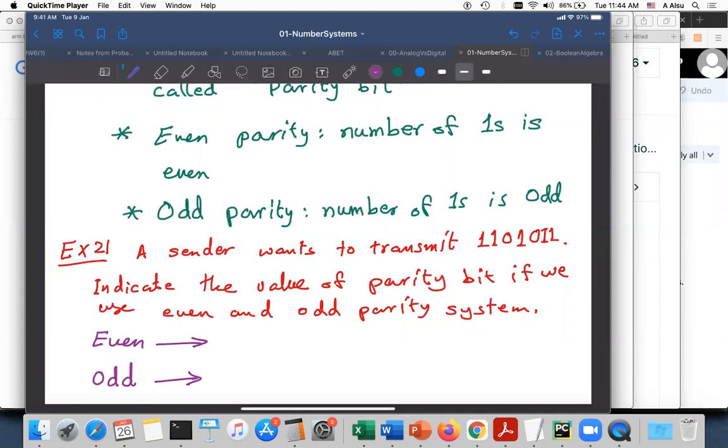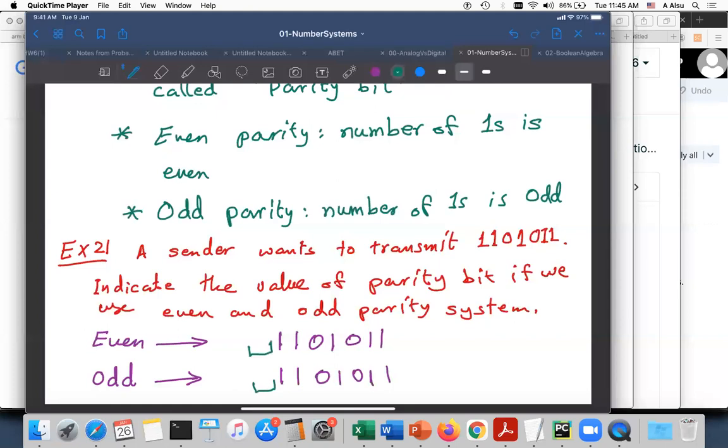We have the original message here, 1101011, and for the odd, we have the same message. For the even, we have to add a parity bit, and for the odd, we have to add a parity bit.